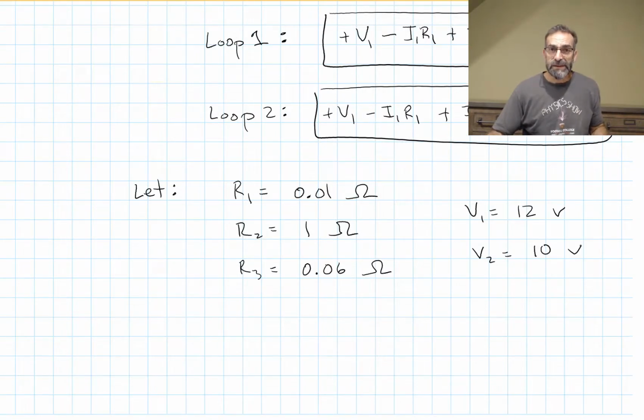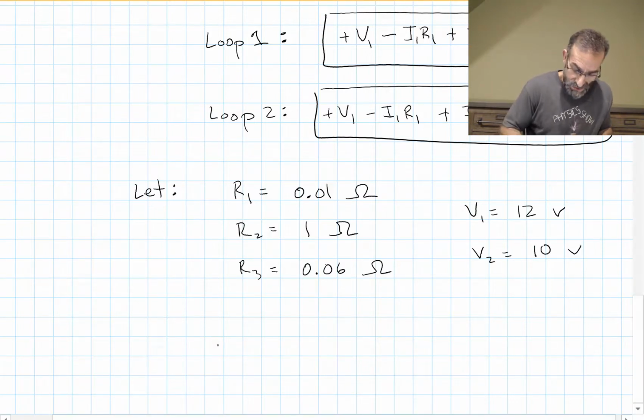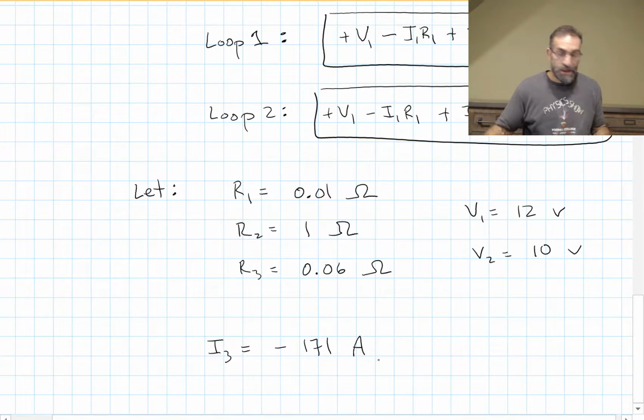So let's use these values for R1, R2, R3, and my 2 batteries. And if I plug in these values and do a lot of algebra, I end up with I3 is negative 171 amps.